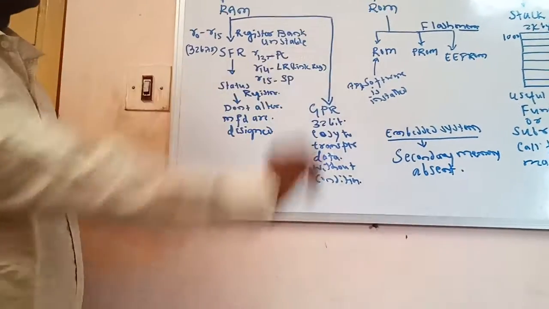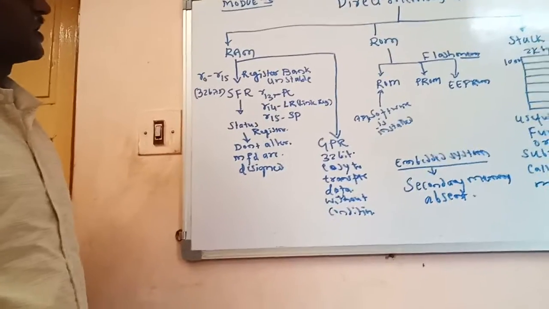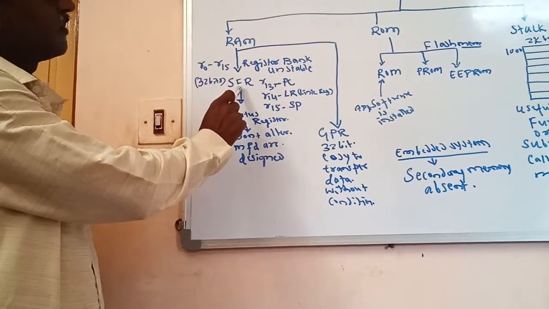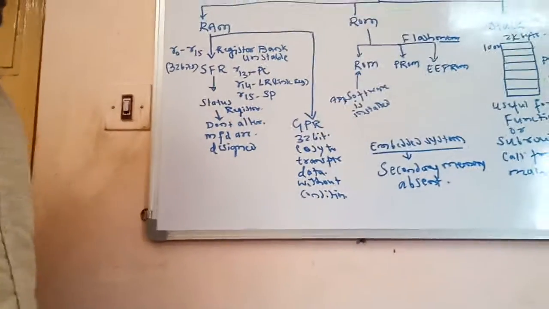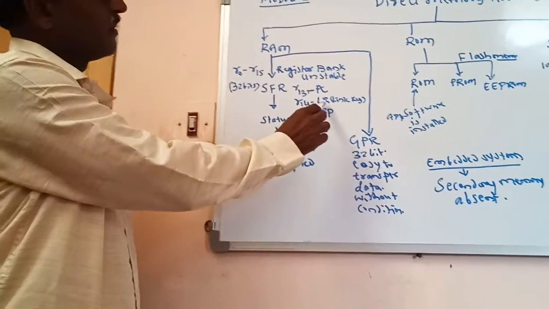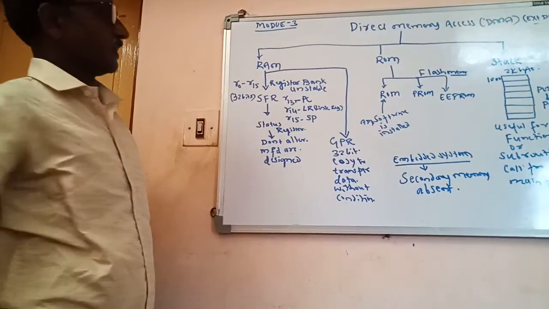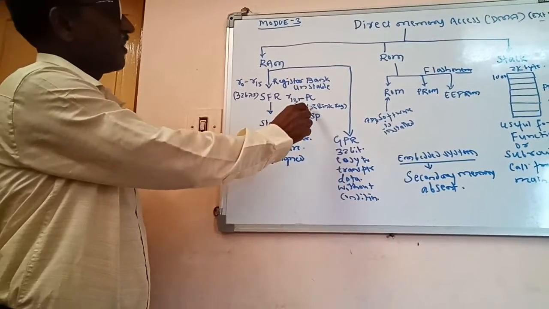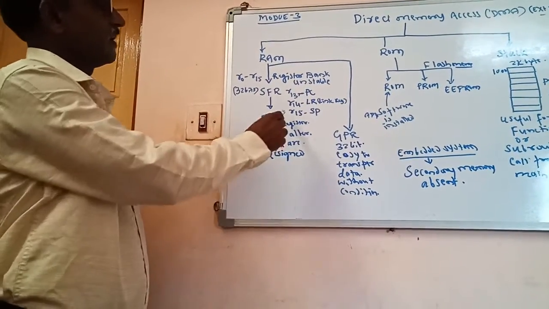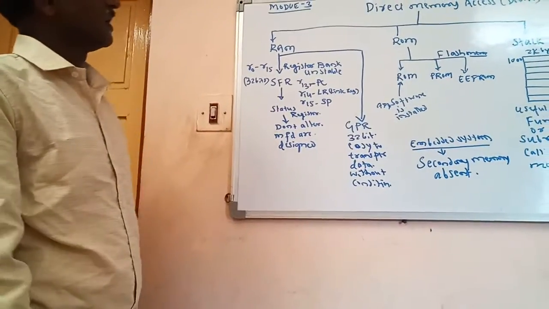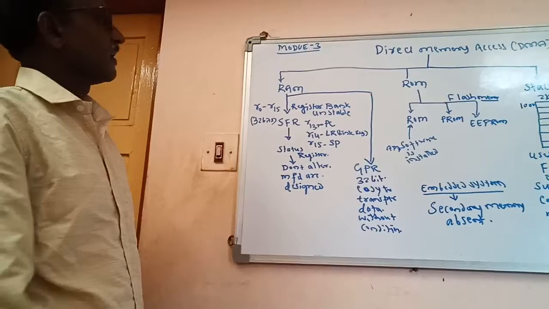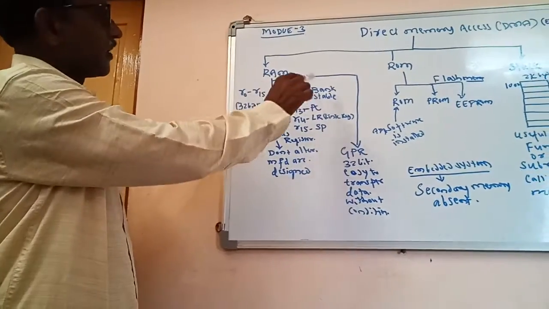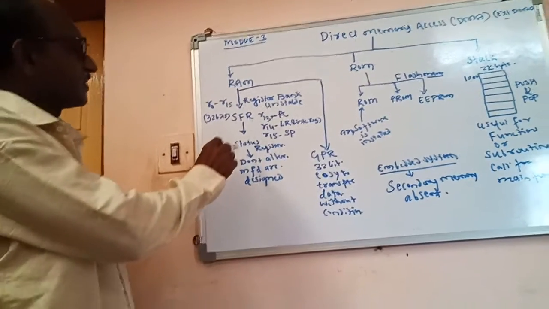This is a special purpose, special function register. R13 is PC, you can use it for the program counter. R14 is useful for the link register. And R15 we can use for the stack pointer. So these are the fixed arrangements in the microcontroller register bank that you can utilize in embedded systems.